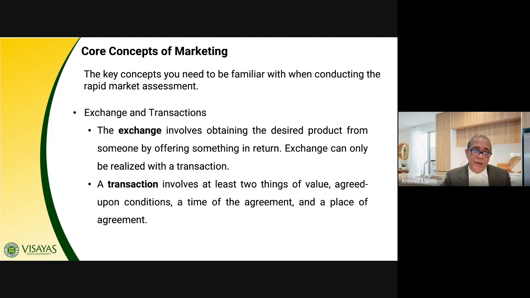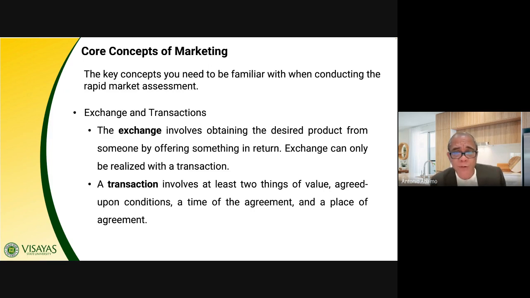Okay? Exchange can only be realized with a transaction, meaning their ability to buy or their tendency to be attached to the product, and that will result immediately in an exchange.